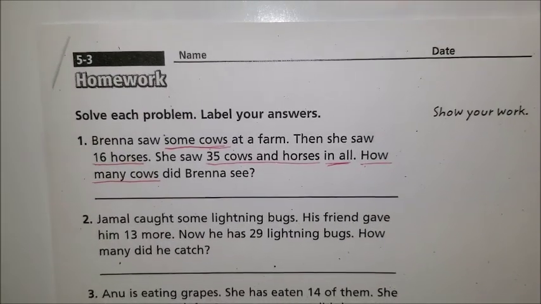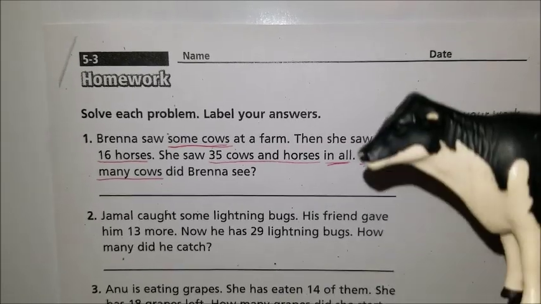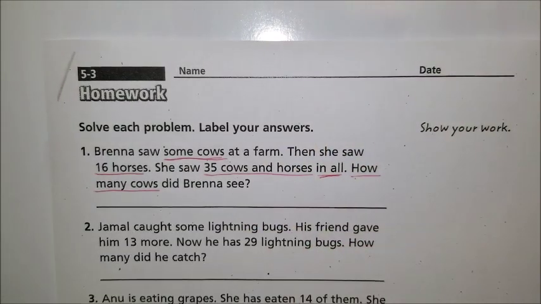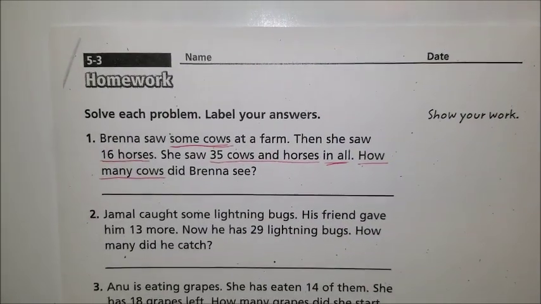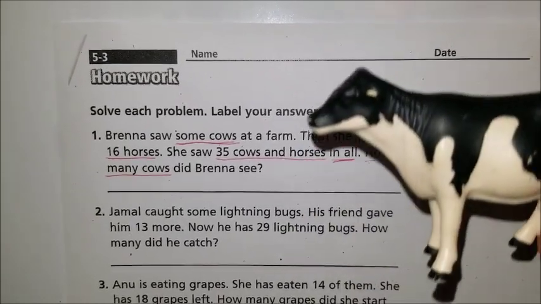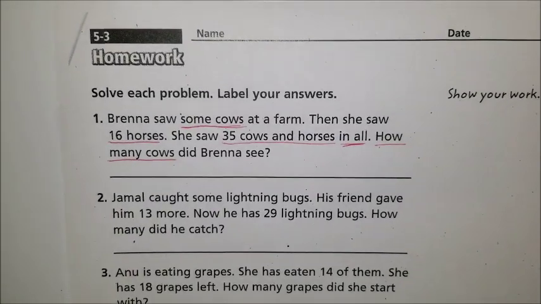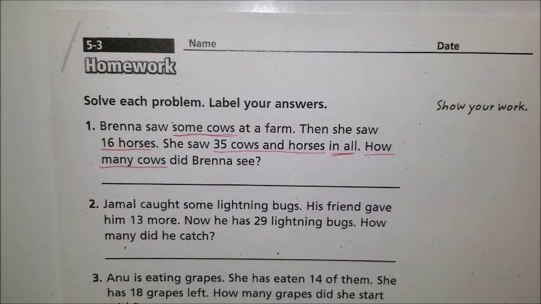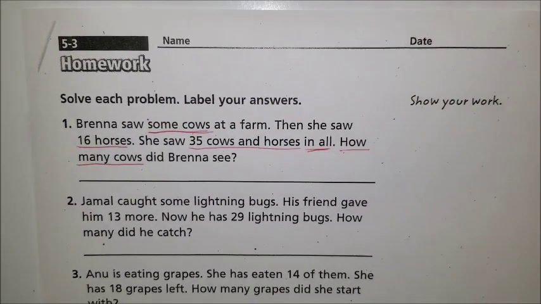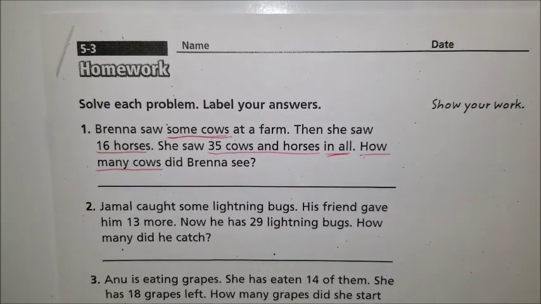Can you visualize some cows? Can you visualize a cow? Try really super hard seeing some cows. Okay, you may not be able to do that, but maybe you did. I don't know. But we don't know how many cows.